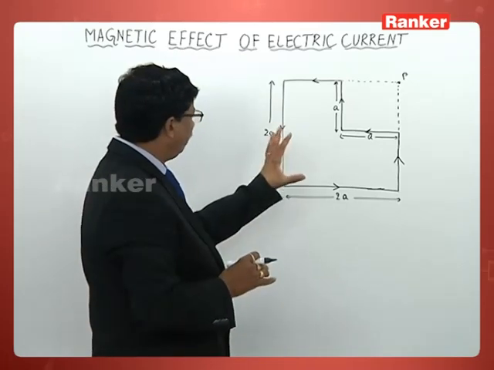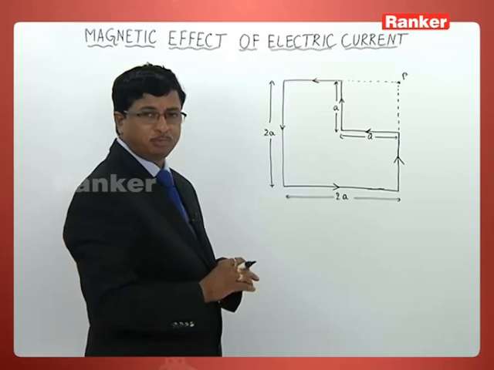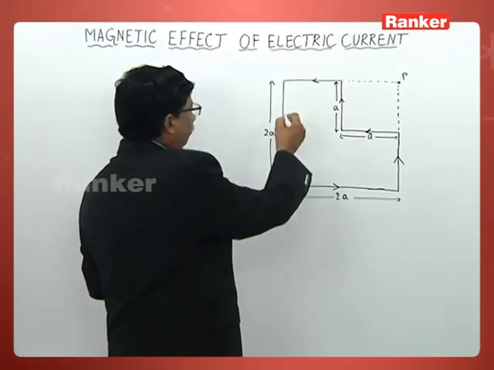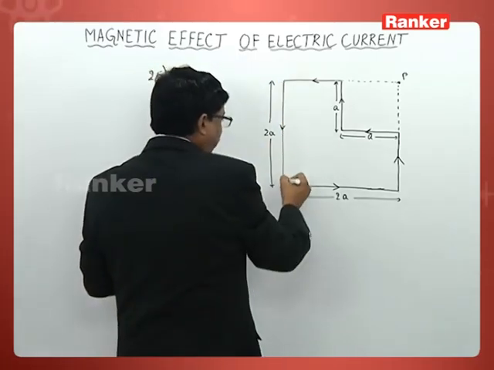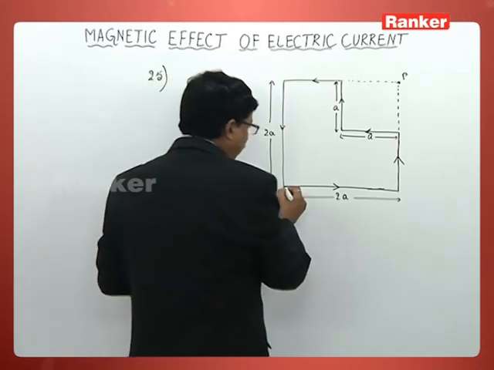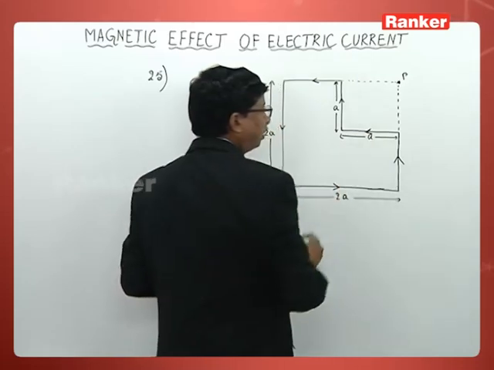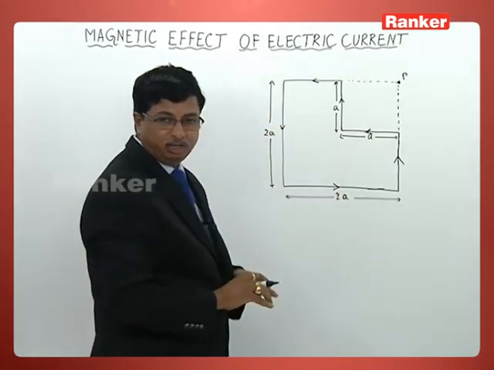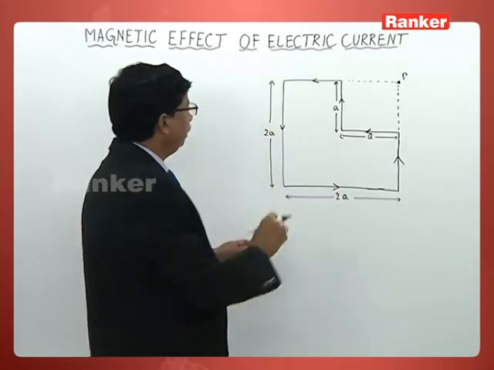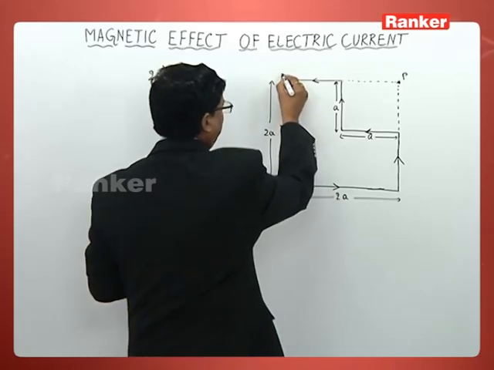Now one thing you should understand from this entire system now. With respect to this part of the conductor and this part of the conductor, what is the magnetic induction at that point P? You estimate first. Let us take these points as well.